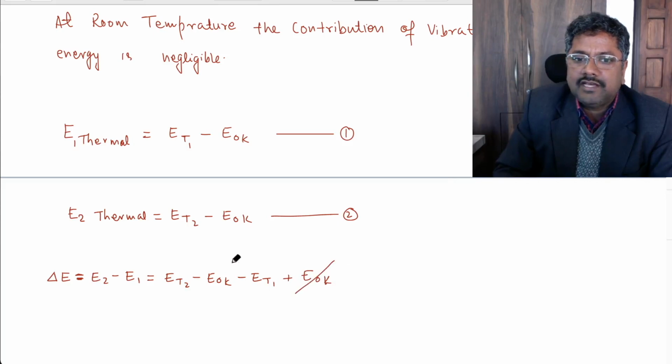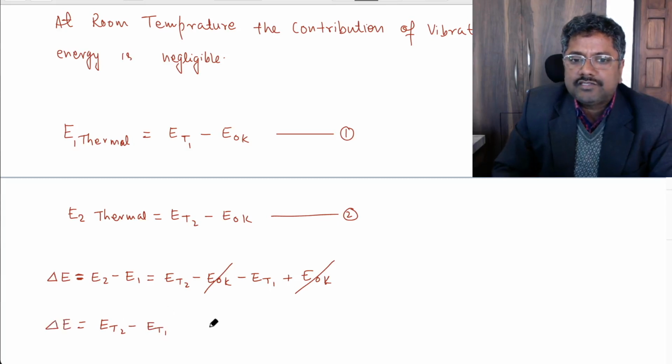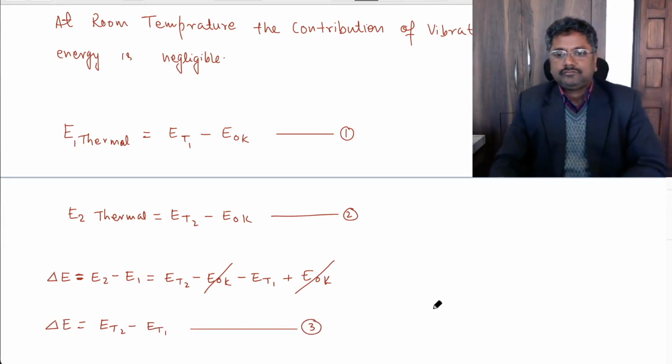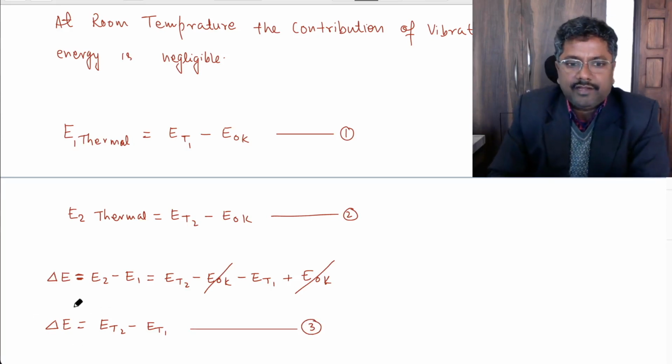So this is cancelled. So we will get ET2 minus ET1, delta E. So this is the reason we always prefer to evaluate or calculate change in internal energy, not the absolute value of internal energy for any system.